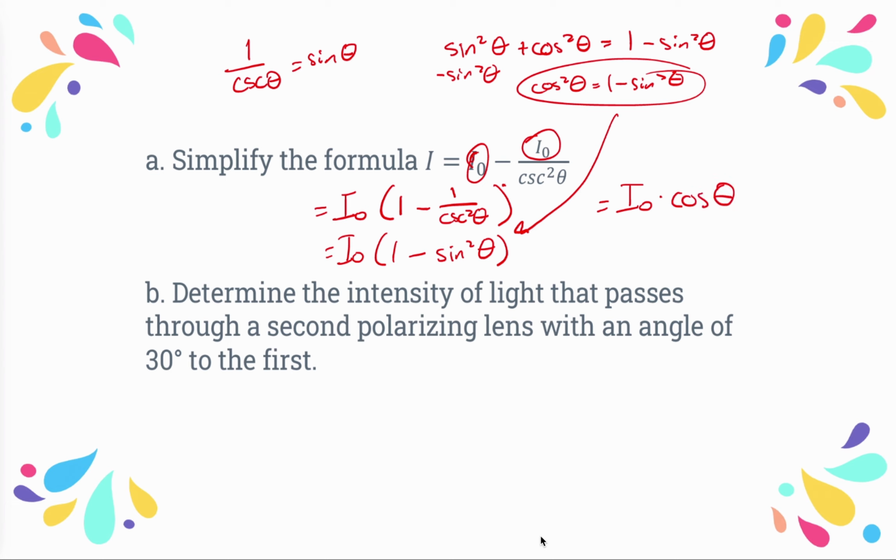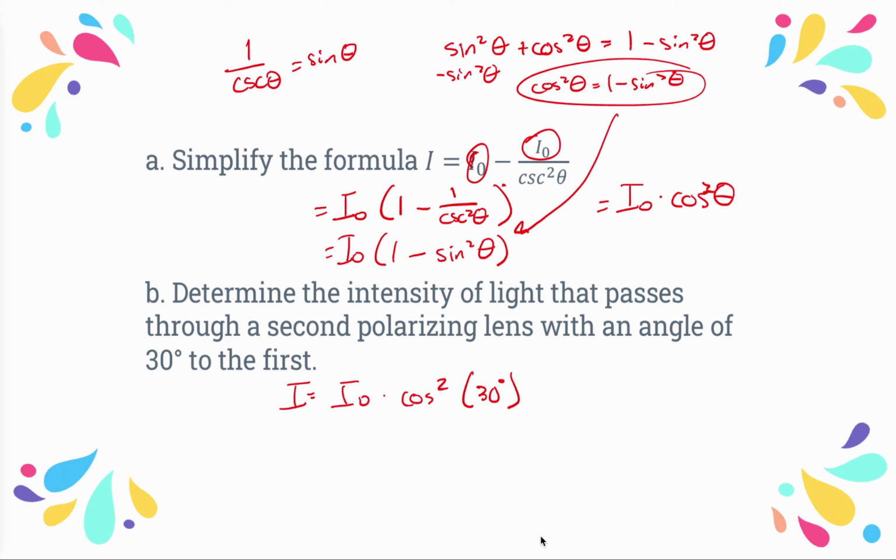So the intensity of light that passes through a second polarizing lens with an angle of 30 degrees to the first, I is equal to I0 times cosine squared of 30 degrees.